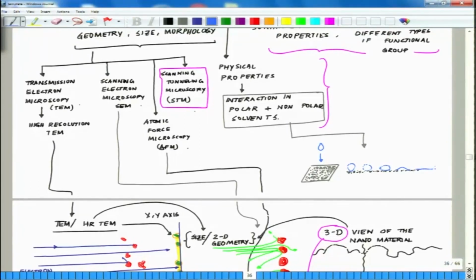If you compare with the base, you can see the angle it is making. The angle is continuously changing, and here it is almost mixing on the substrate. Based on this angle, you can calculate its hydrophilic nature and its hydrophobic nature.